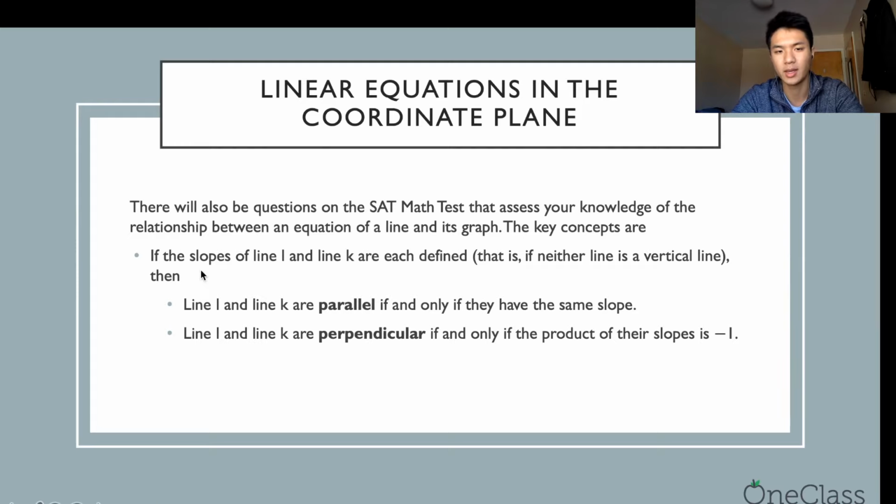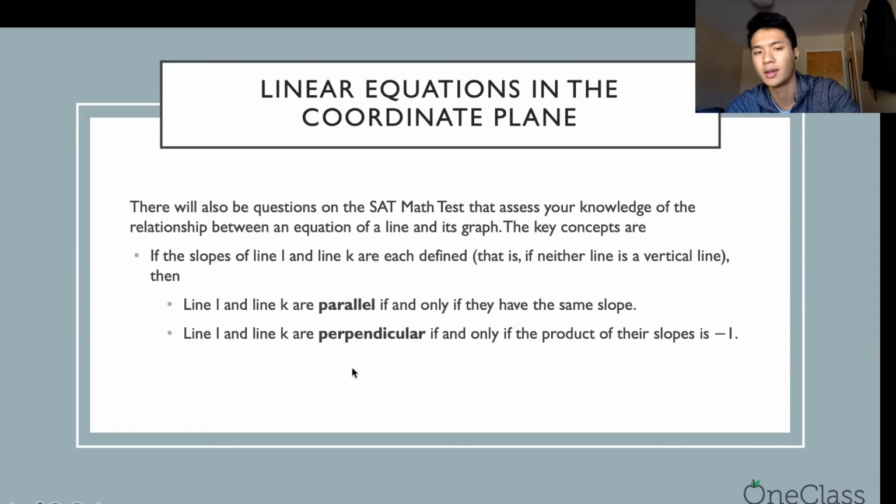So let's assume that we have lines L and K, which are both defined, and we're given that these two lines are parallel. What that tells us is that both lines have the same slope. That makes sense. They're both heading in the same direction at the same angle for infinity, and so by definition they must have the same slope.